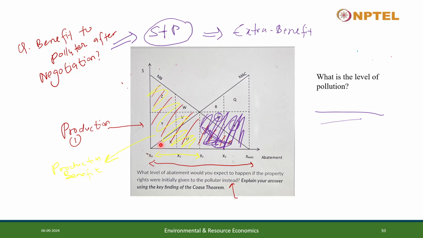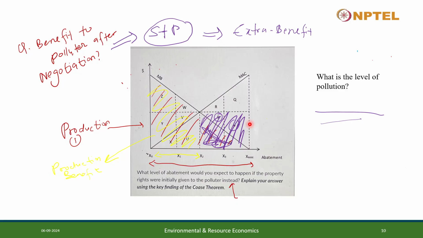And we have also discussed what the cost saving is, right? When there is pollution till x max, then this whole triangle, which I am drawing, will be the cost which the victim has to incur.